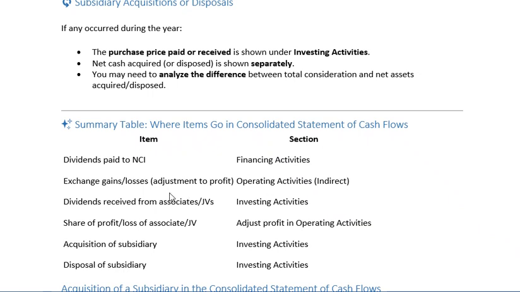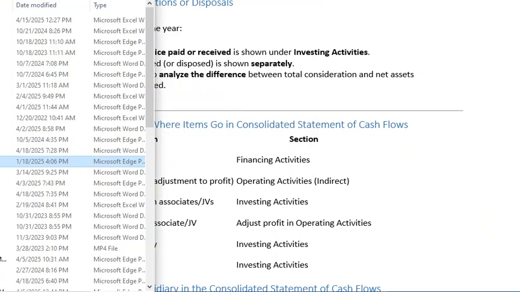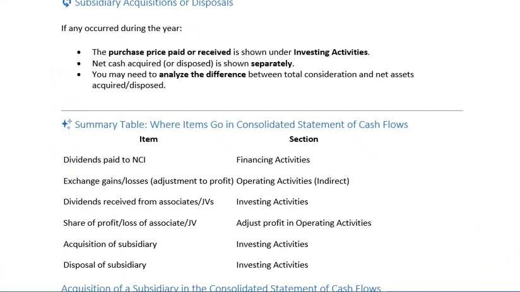Now, dividend received from associate is a dividend from investment, right? So a dividend from investment, of course, is an investing activity.